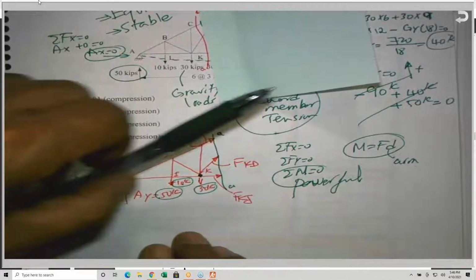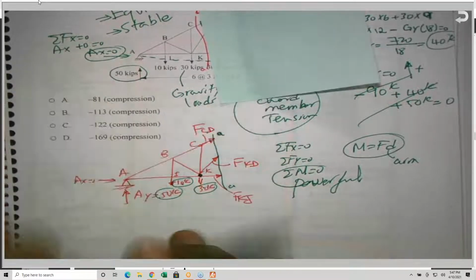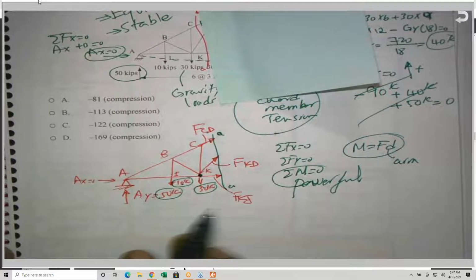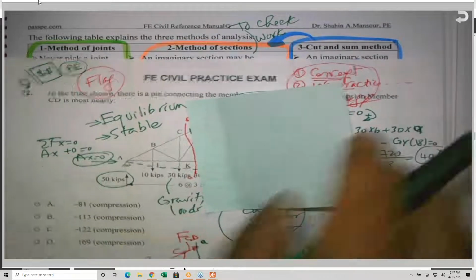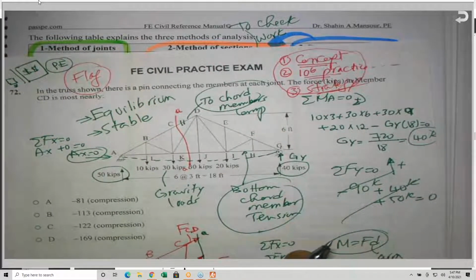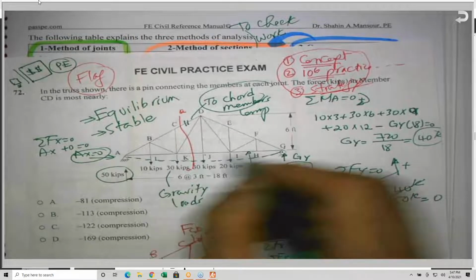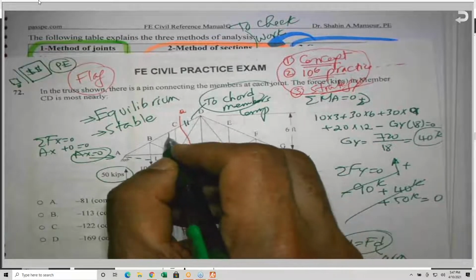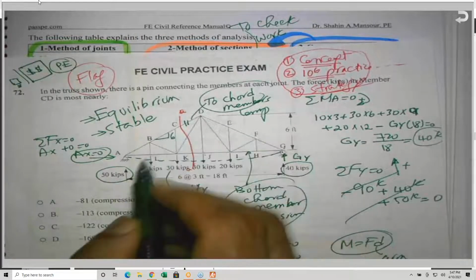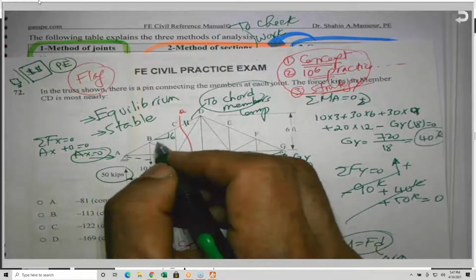This force along this member is a slanted force like this, because this member came from a truss. This height from here to here is 6. And from here to here is 3, and the 3 and the 3 is 9.